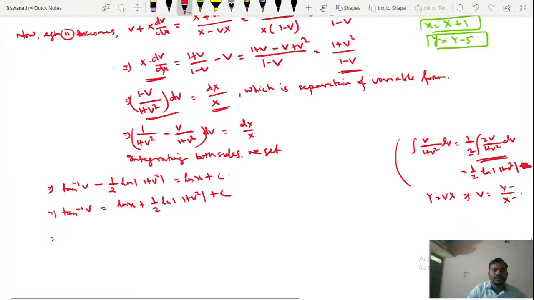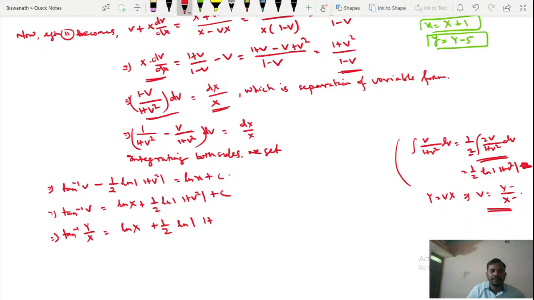So if I put these things here, tan inverse v means tan inverse of y by x, so tan inverse of capital Y by capital X equals ln capital X plus half ln 1 plus, v being y by x, v square is capital Y square by capital X square, plus c.